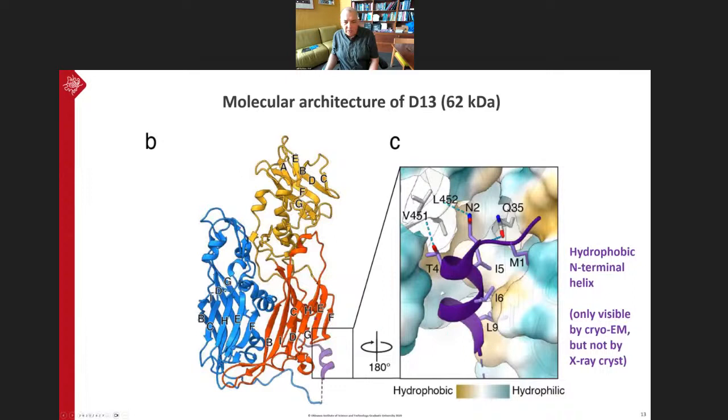So this forms a so-called beta jelly roll fold, and the N-terminal alpha helix is at the periphery. And it's stabilized in a hydrophobic pocket, leucine, valine, and there are many hydrophobic residues there. This was not visible in previous crystallographic maps.